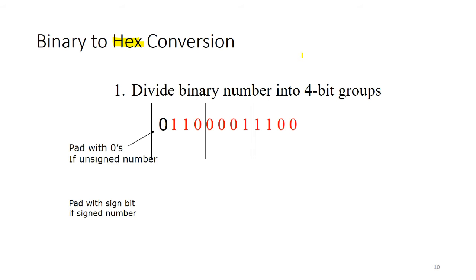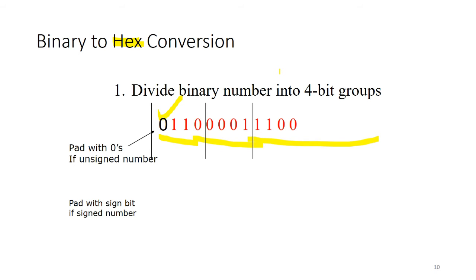Grouping this one, we have to make a group of 4. But as you can see, how many digits are given in this one? We have 11 digits. So this number cannot be grouped into 4-bit groups without 0 padding. That's why we have padded a 0 here to make it a group of 4.